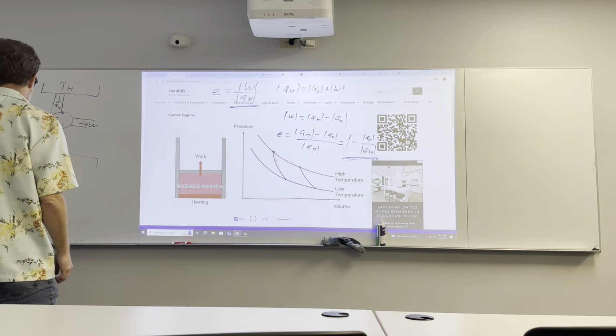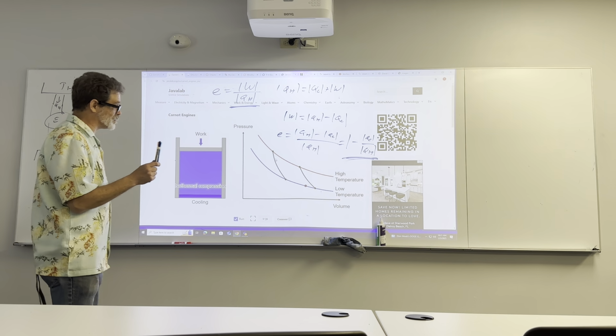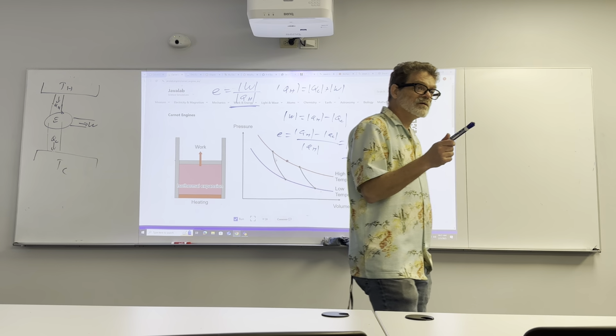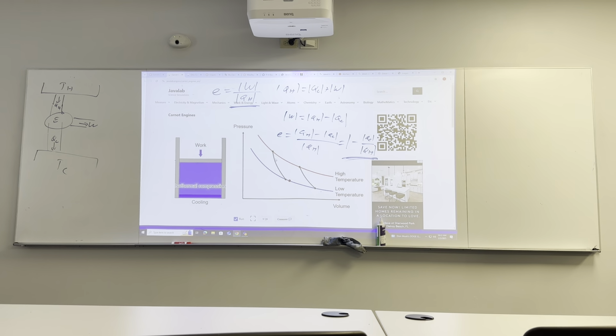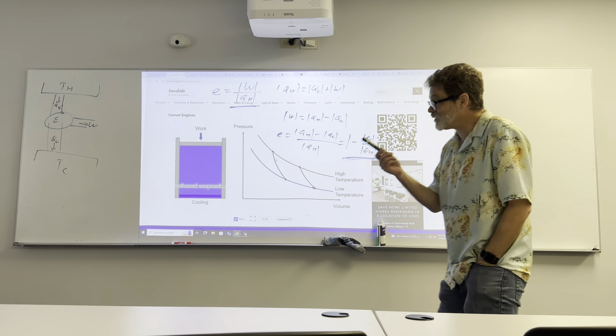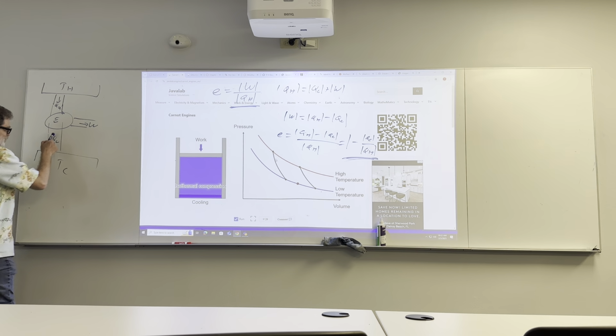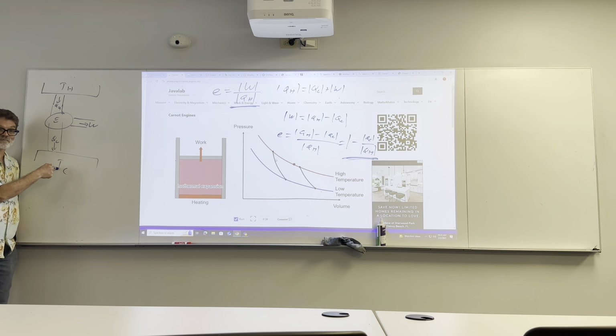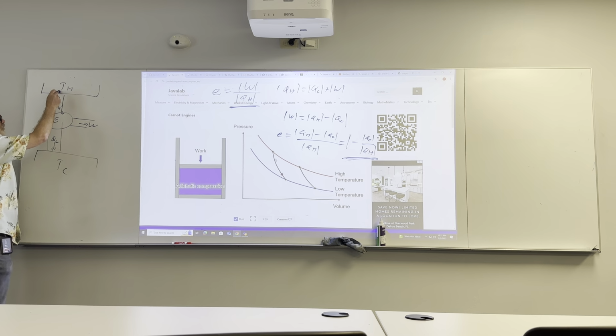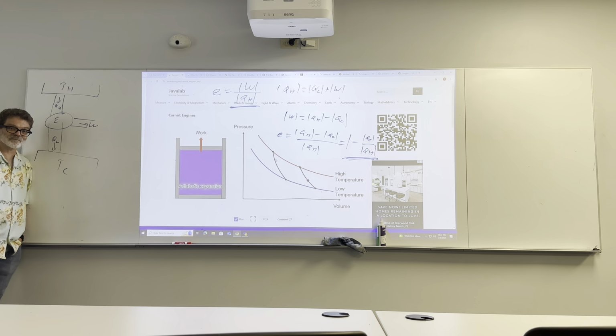Could I ever make an engine 100% efficient? No. Why not? Because heat is lost. Where's it lost to? The environment, friction and things like that. Even if I ignore friction, I have to have heat flow this way to compress the gas. If I took all of this and went this way, what do we call that?